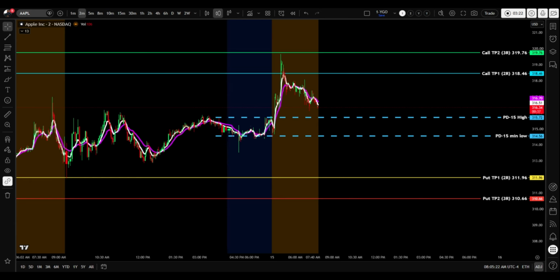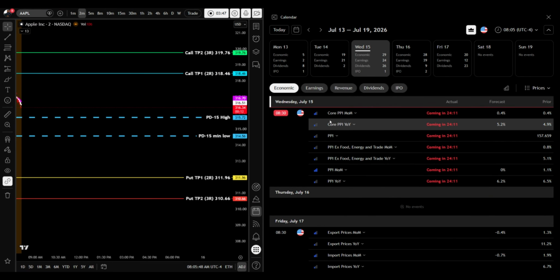Here are the main levels I'm watching today. On the upside, like I said, the first major target is 318.46. That'd be my take profit one for calls, and Apple may still have a lot of volume left because today is PPI, so you never know what's going on. So at 8:30, a lot of this could change because I think that's when PPI is stated to come. Let's check the calendar.